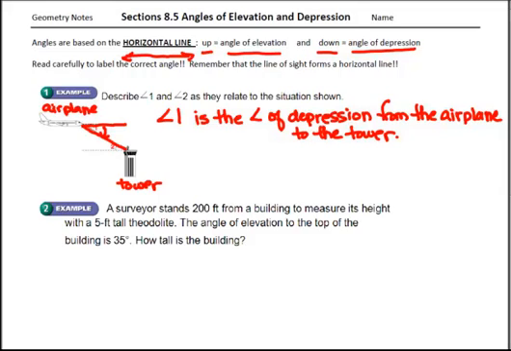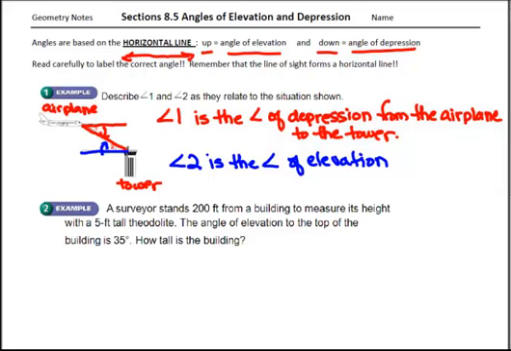Alright, let's talk about angle 2. Find the horizon. This is the horizon. This has to go up to touch this line. So this is an angle of elevation. Now here's where we have to be descriptive. From where?